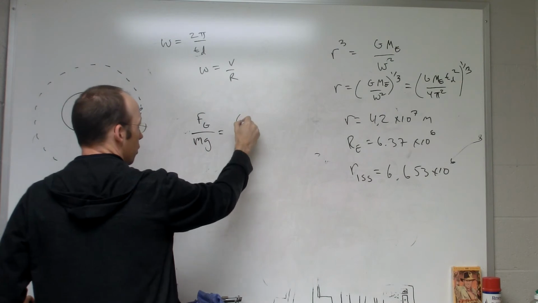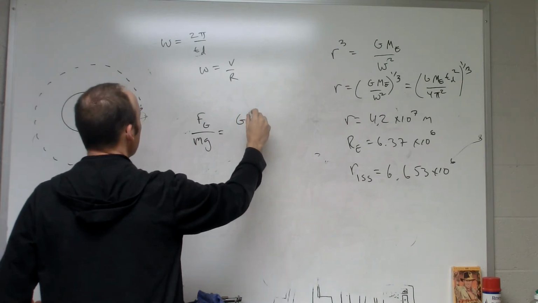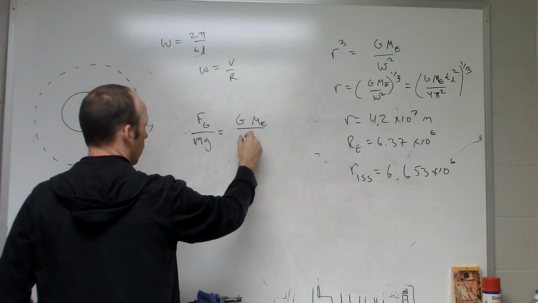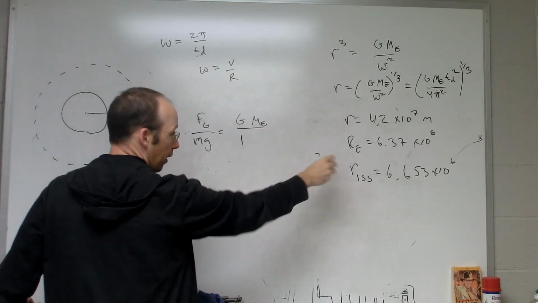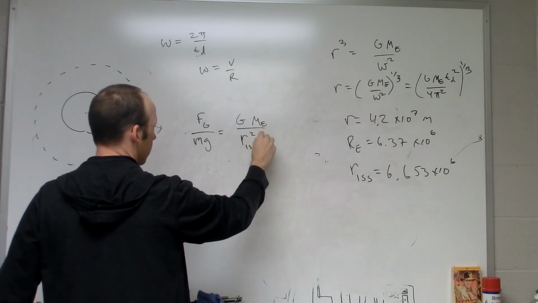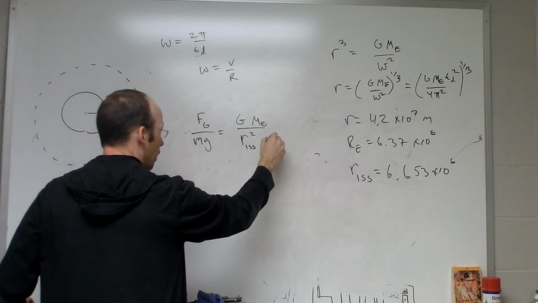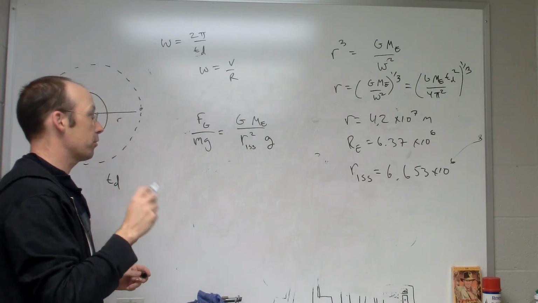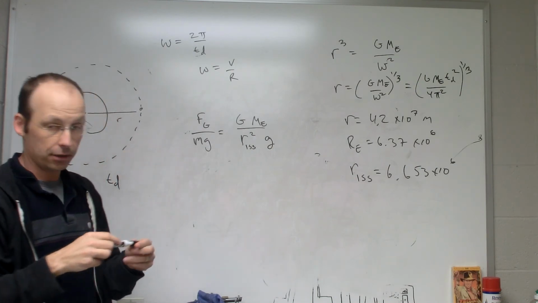So this is going to be G, mass of the Earth, over the radius of the space station, r ISS squared. That's the gravitational field, and then divided by the gravitational field on Earth, little g. And that will give me the fraction of gravity in the space station.